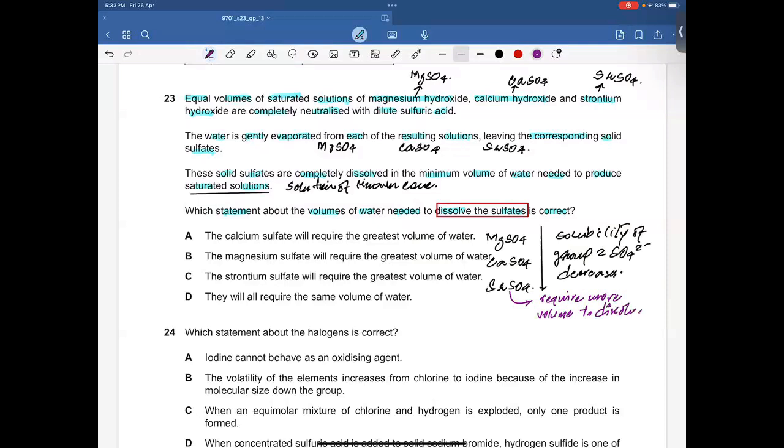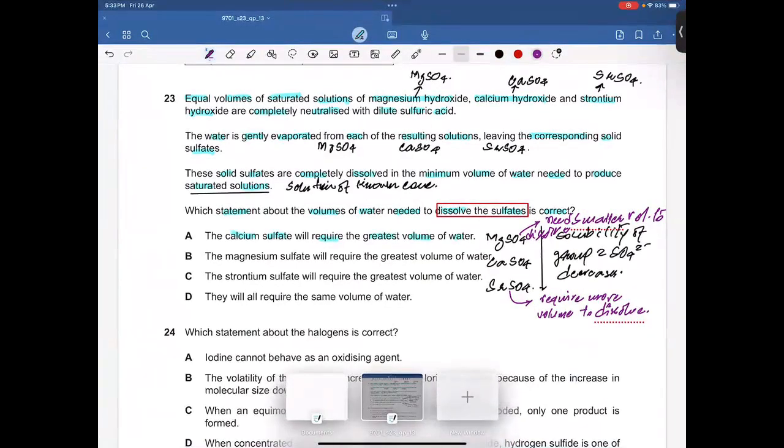And since magnesium sulfate is highly soluble, it needs a smaller volume to dissolve. So calcium sulfate will require the greatest volume of water?